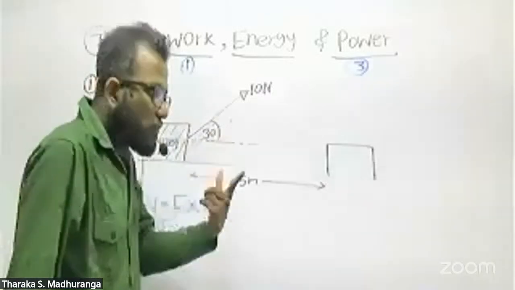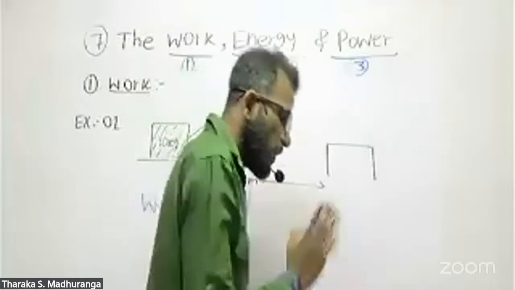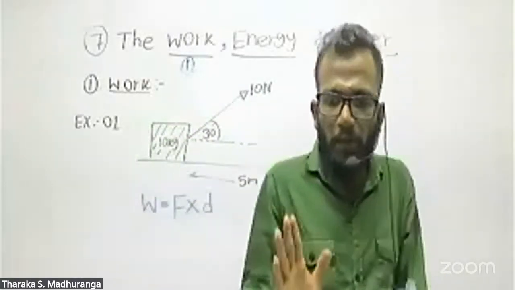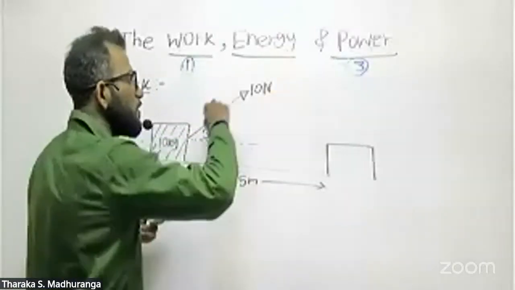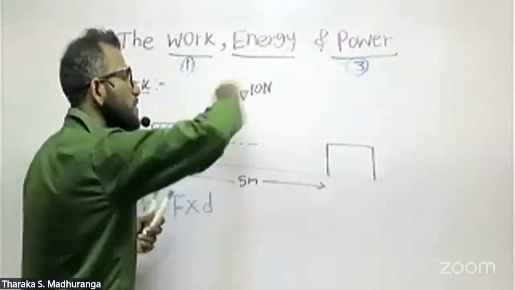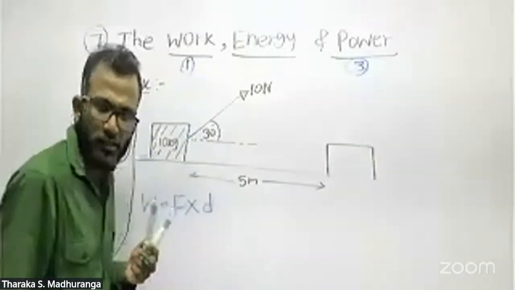In the previous question, the force direction and the displacement direction were the same. But now the force direction is at an angle, while the object is displaced in the horizontal direction.